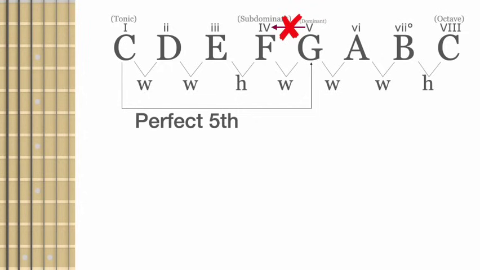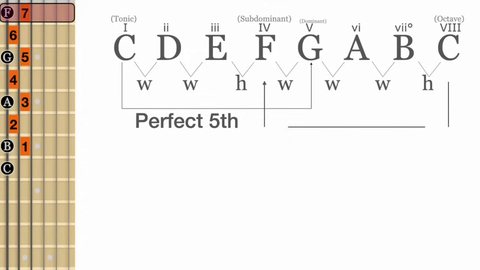Where it truly comes from is if we look at the octave to the far right and move back down the scale, kind of going from the body to the headstock. Going from C, now we're working back. We have a half step, a whole step, and another whole step to get to F, the subdominant.